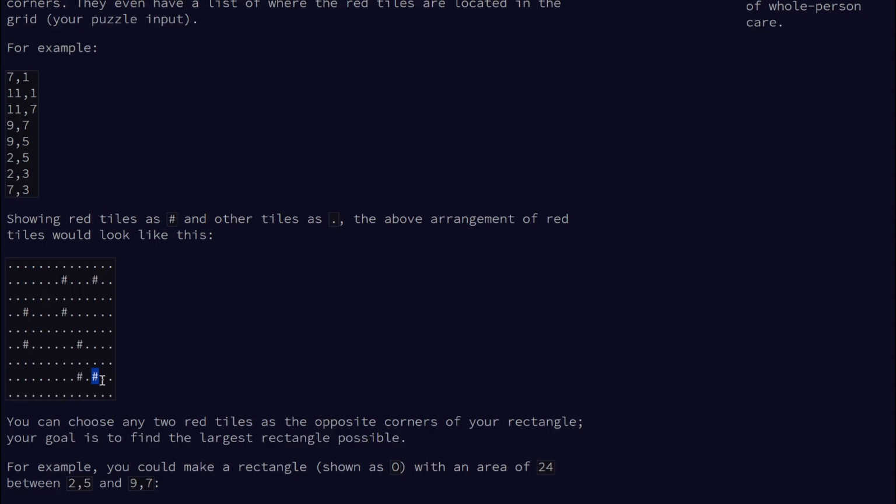Plus 4 is 11, then down here. Yeah, okay. So a shape oriented in this way, we're looking clockwise of the line that we're drawing to determine what's inside the shape. And therefore counterclockwise to see what's outside.